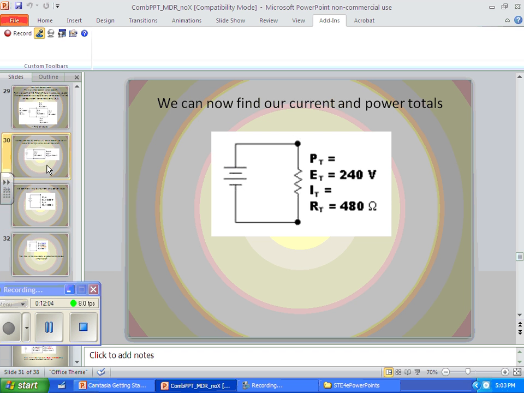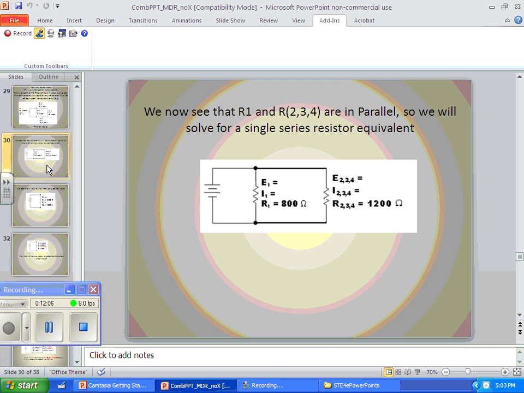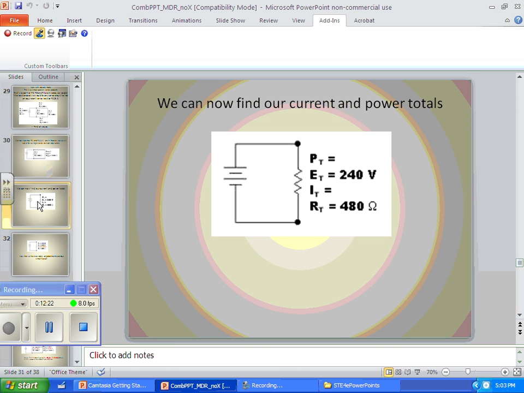Now let's go back here and pull out our handy dandy TI-30X2S, hit clear twice, and put in 800 x to the minus 1 plus 1200 x to the minus 1 is equal to, x to the minus 1 is equal to, and you should get, in my opinion, about 480 ohms, right?